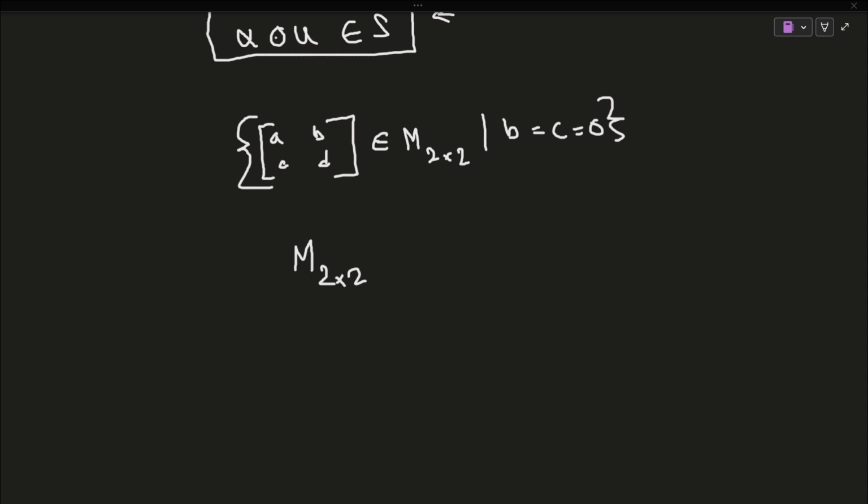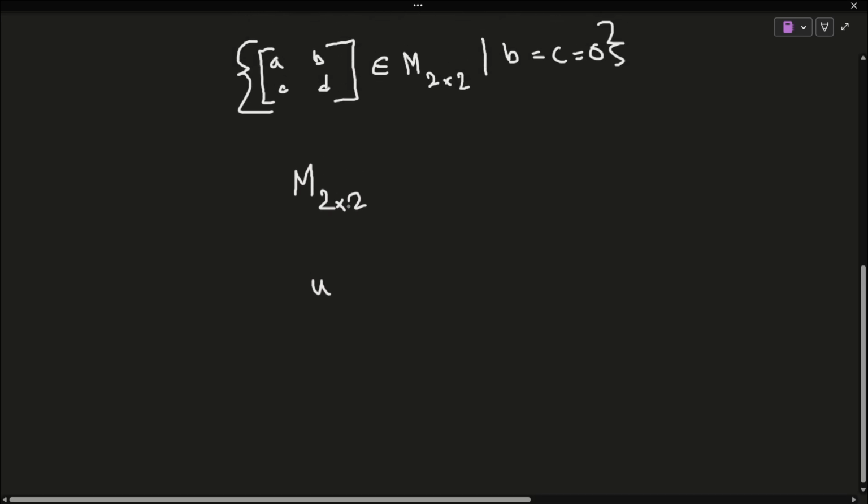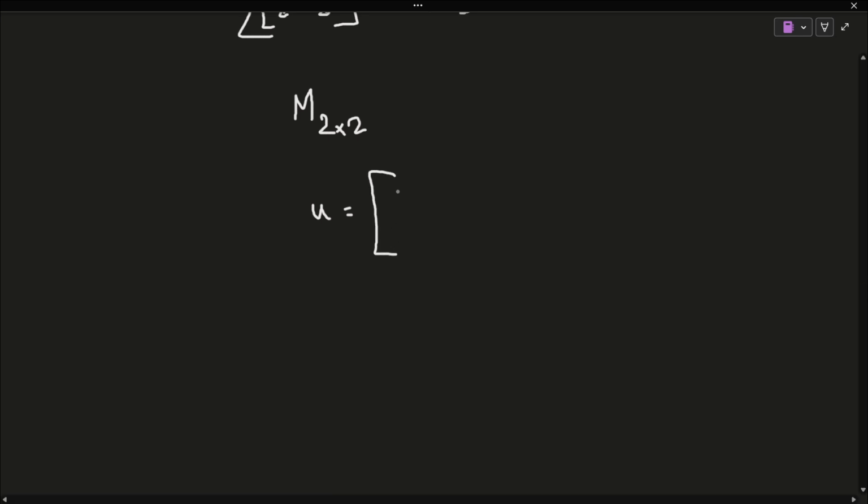Now all we need to do is verify closure in S under matrix addition and scalar multiplication. Let's take some arbitrary elements, because we can't know exactly what the elements are, since it's really unbounded. Let's say we have a U that belongs to 2x2, and U is going to be A in the top left, and remember, B and C have to be 0, and then B down here.